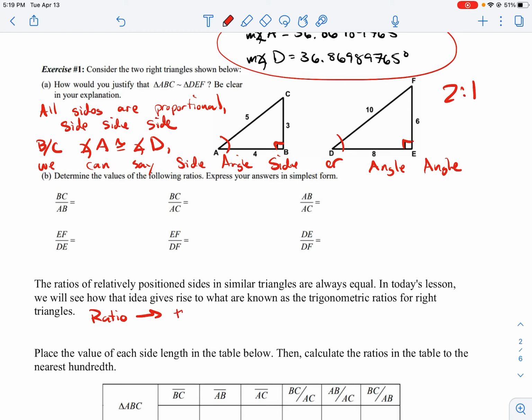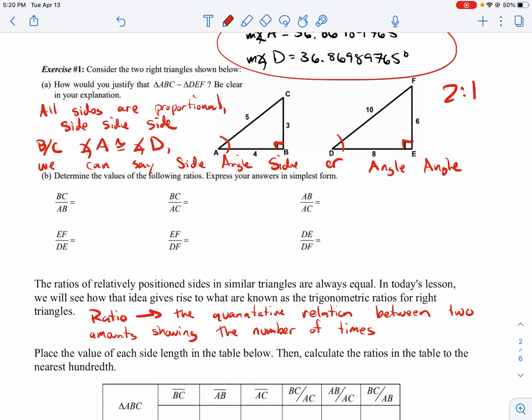A ratio is the quantitative relation between two amounts, showing the number of times one value contains or is contained within the other.